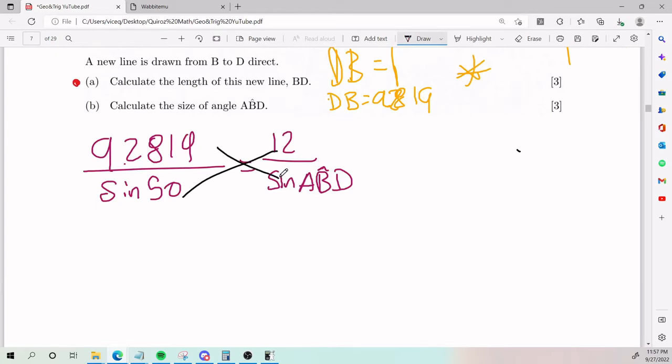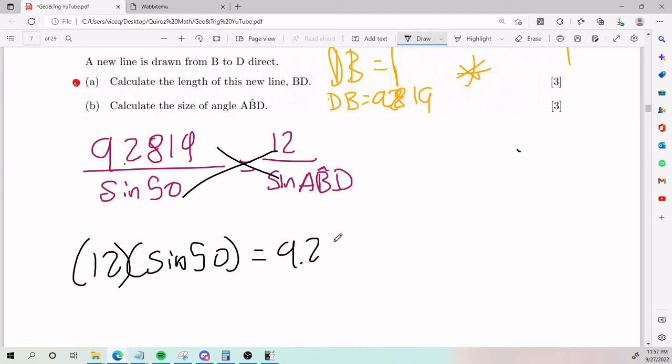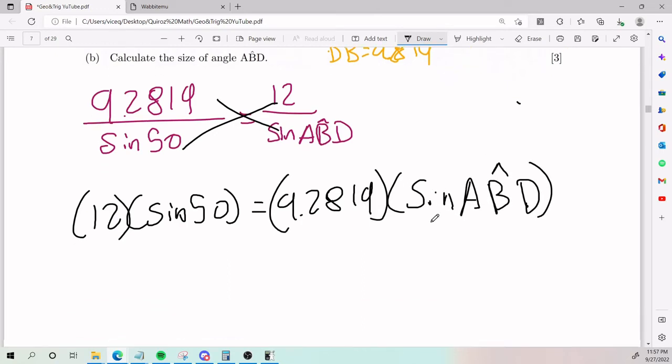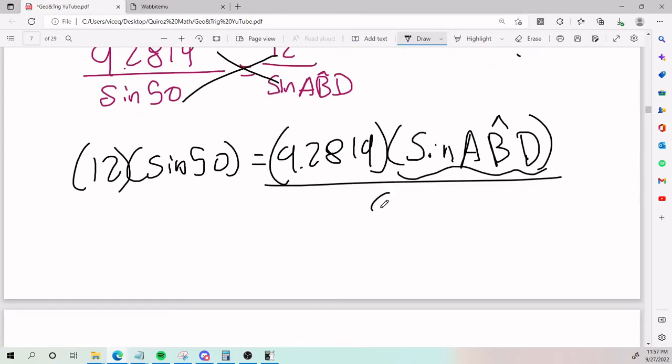So I start off by cross multiplying. I have 12 times sine 50 equals 9.2819 times sine angle ABD, ¿cierto? I want to get this guy alone, so I'm going to divide by 9.2819 to both sides.